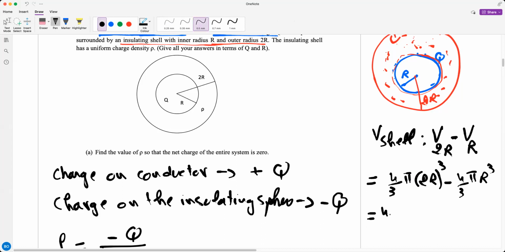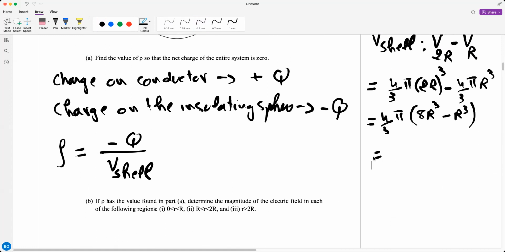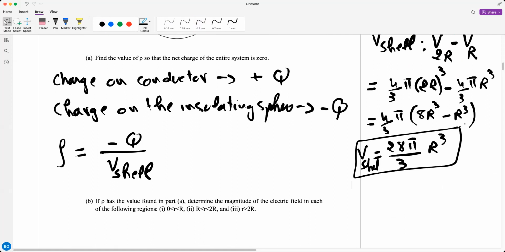It will be 4/3 pi, and then this will make 8R cubed minus R cubed. This will give 7R cubed, which will be 7 times 4 is 28. So 28 pi over 3 R cubed. This is the volume of the shell. Are you following? Is this clear for everyone?